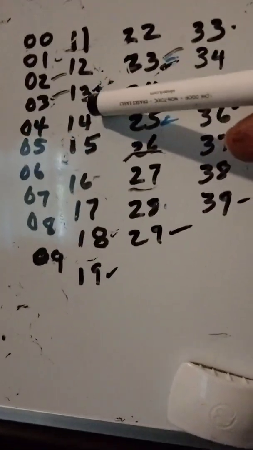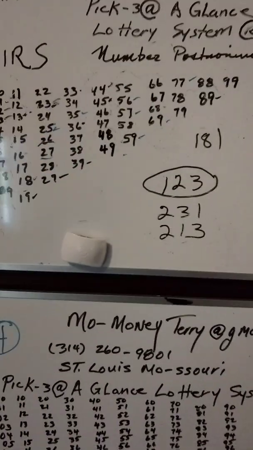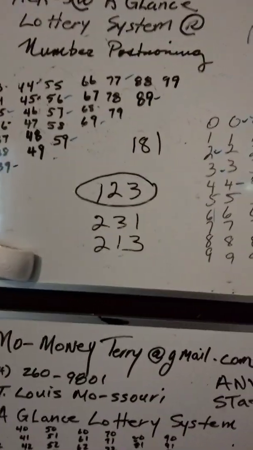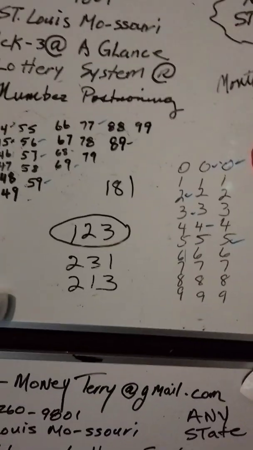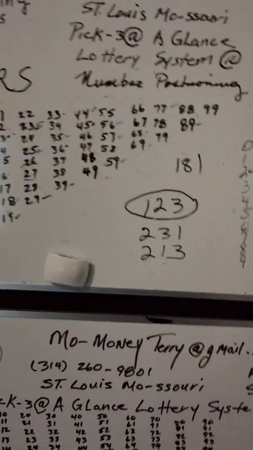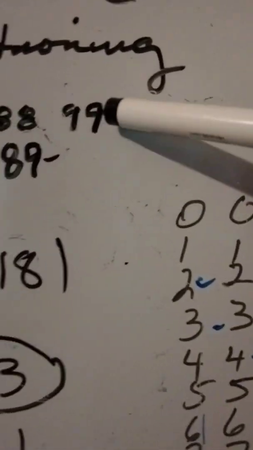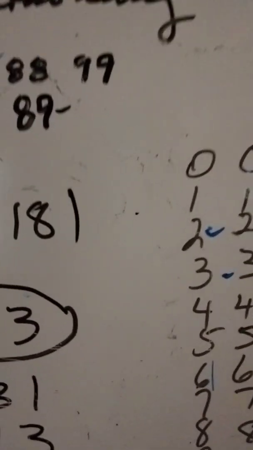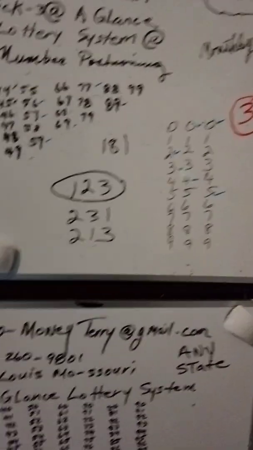This 1, 2, 3 right here, I'll mark off the 12, 13, and the 23. It's got 3 different numbers, so you're gonna have 3 pairs. And for triples, like triple nines, let's say that just came in, I just circle or check off double nines. That way you got all the numbers covered.